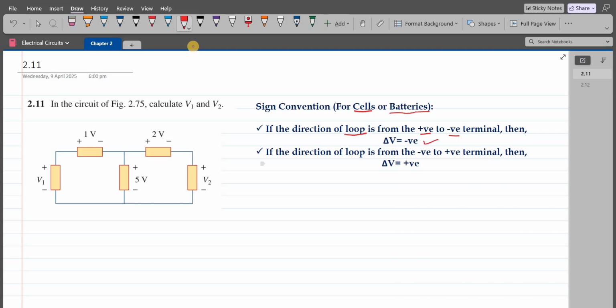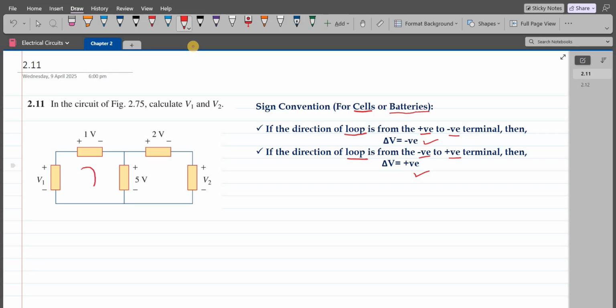But if the direction of loop is from the negative to the positive terminal of the cell, then we would consider the potential difference as positive across that cell. So this is the sign convention that we will use.